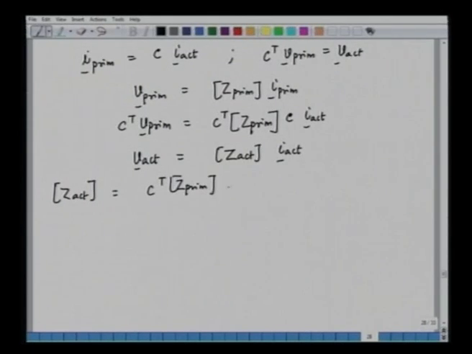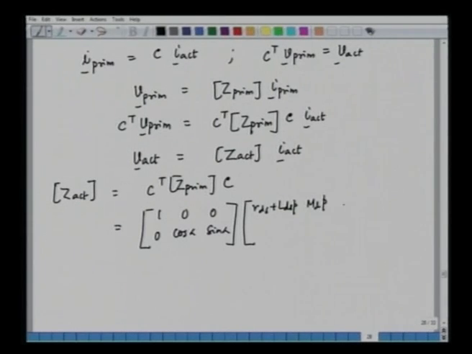Z primitive into C, and that is equal to C transpose, which is 1 0 0 0 cos alpha sin alpha, and then Z primitive is RDS plus LDSP, MDP and 0, MDP, RDR plus LDRP, minus omega R LQR, omega R MD, omega R LDR, RQR plus LQRP.